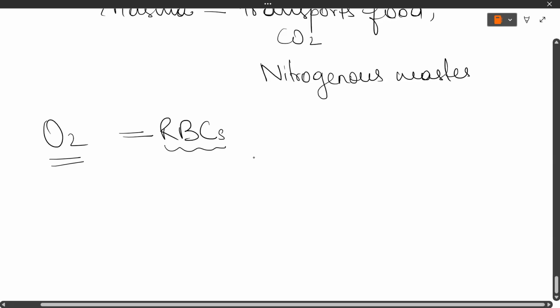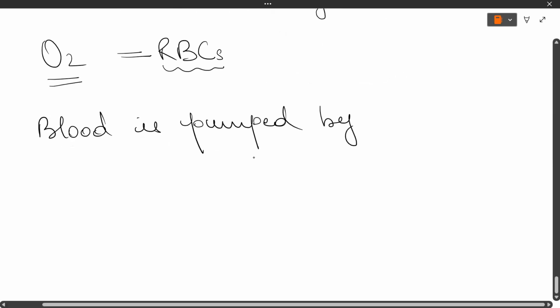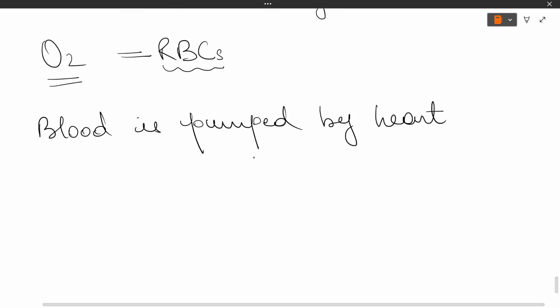Now see, the blood is pumped by the heart. The heart is the pumping organ. It is a muscular organ, and the size of the heart is as big as your fist.